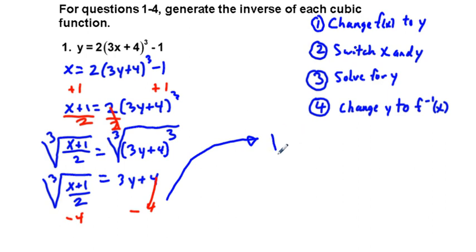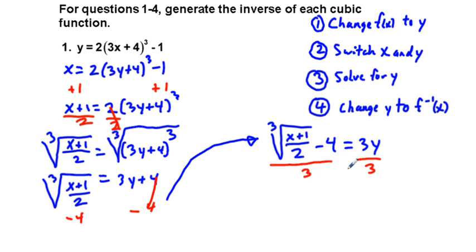On the left side, we have the cube root of x plus 1 over 2, and we subtracted the 4. And the right side we have 3y. Now the last thing we're going to do to solve this is divide both sides of the equation by 3. And we will have isolated y.